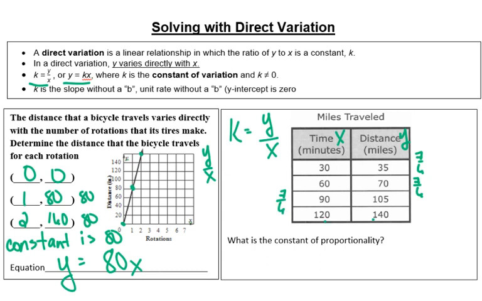And 140 divided by 120 gives 7/6. So I've got a constant rate here. If you simplify 35 over 30, that's 7/6. So 7/6 is your constant of proportionality. To write the equation, you just tack an x onto the end of it.